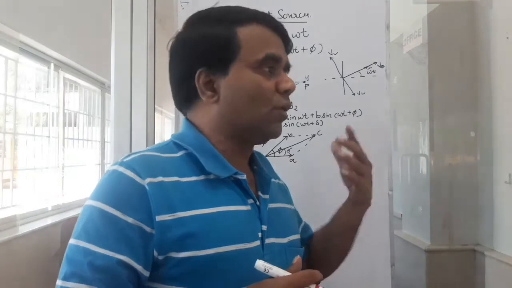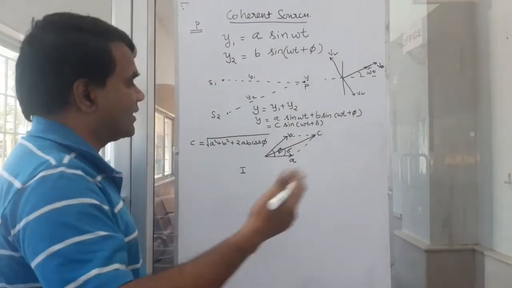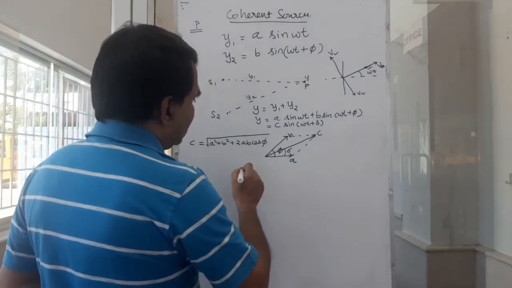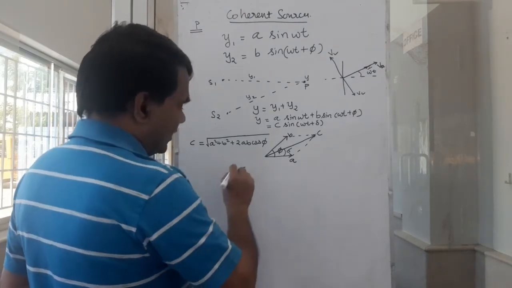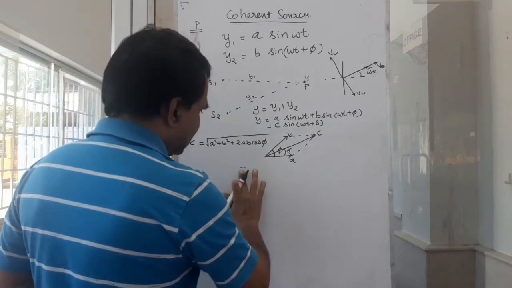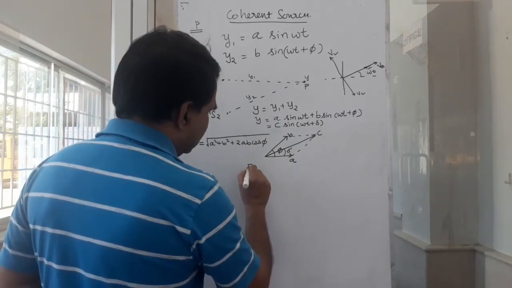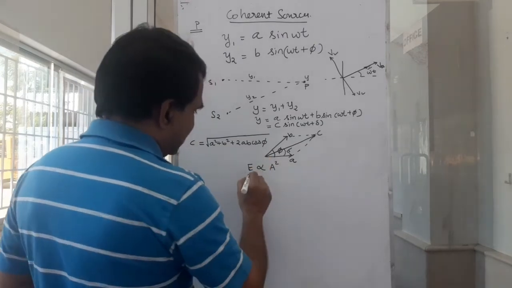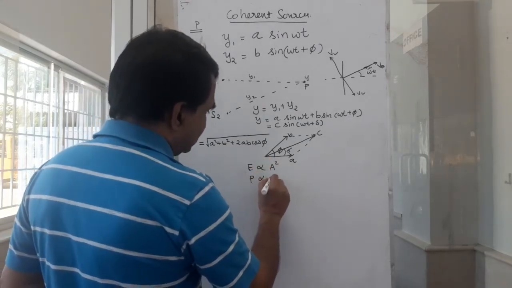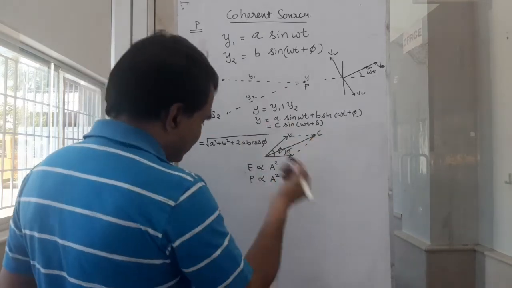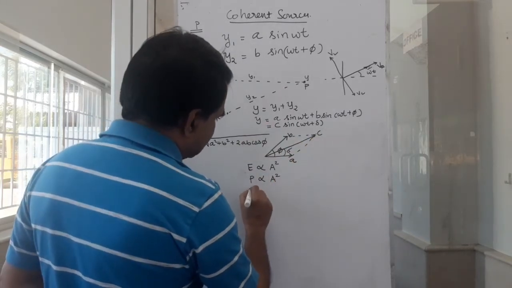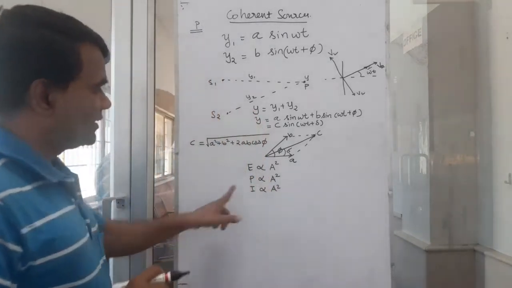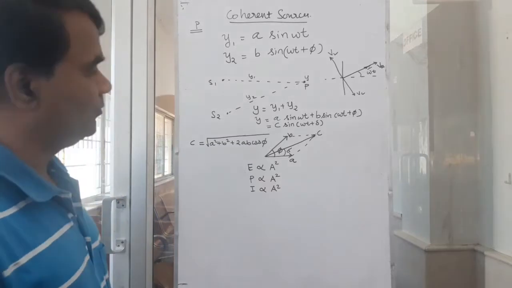So what I can conclude is that energy is proportional to amplitude square, which means power must be proportional to amplitude square, which also means that intensity must be proportional to amplitude square. So intensity is proportional to amplitude square.